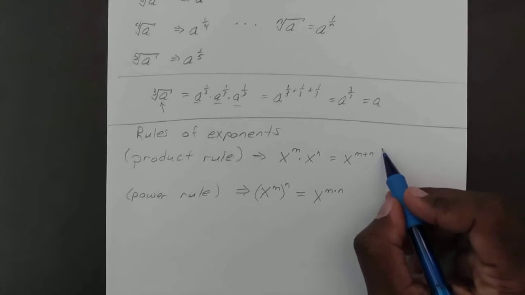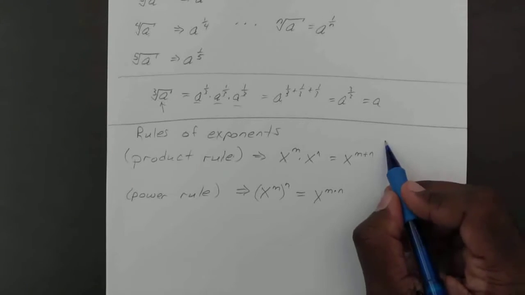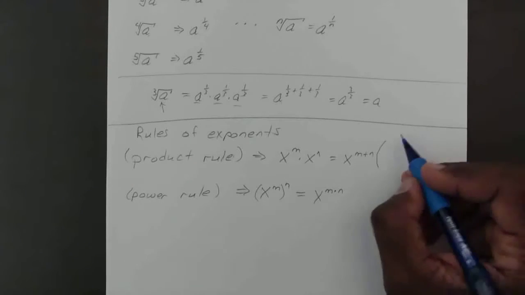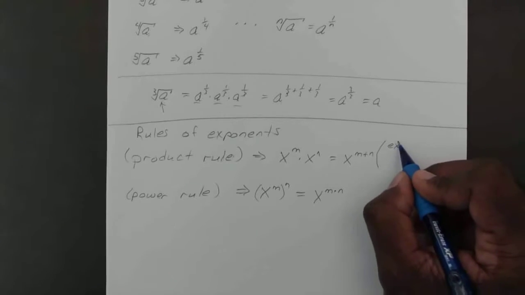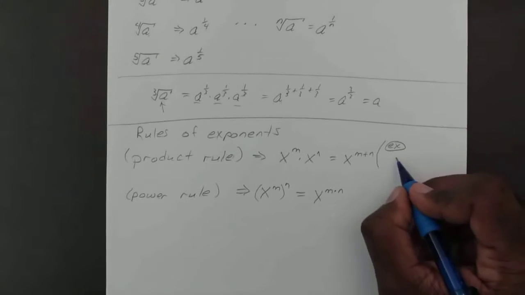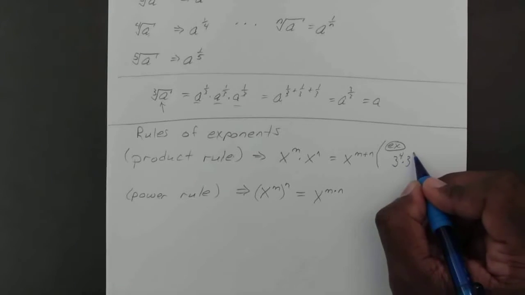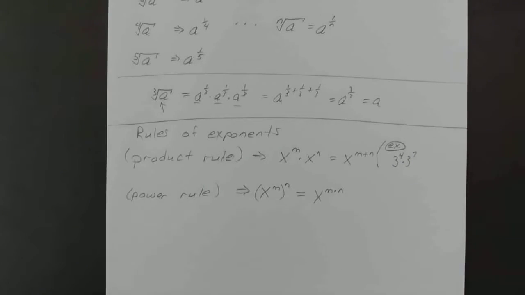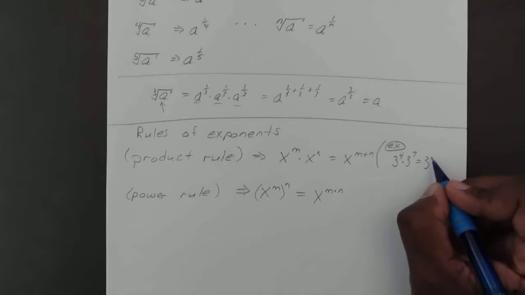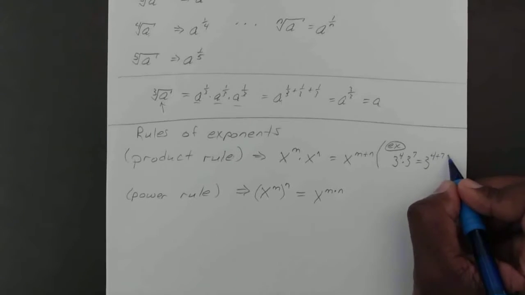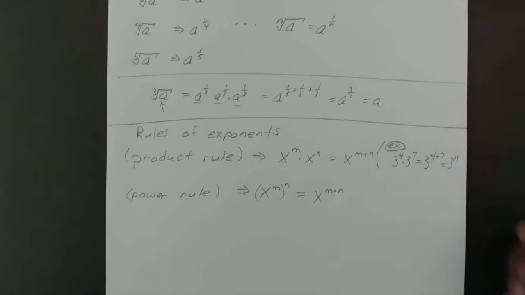Okay, so actually let me provide a quick example of each one right next to it. So for example, for the product rule, if you have 3 to the 4th times 3 to the 7th, that's going to be 3 to the 4 plus 7, which is 3 to the 11th power.